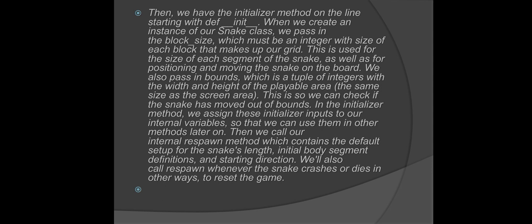Then we call our internal reset method, which contains the default setup for the snake's length, initial body segment definitions and starting direction. We will also call reset whenever the snake crashes or dies in other ways to restart the game.